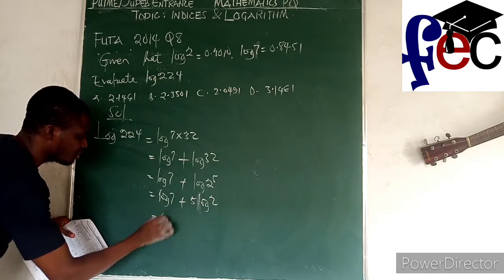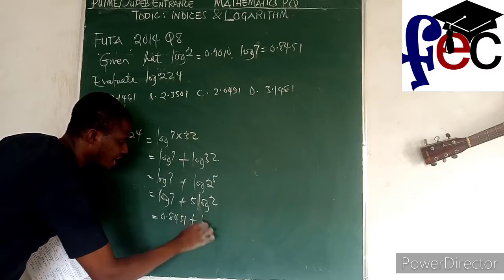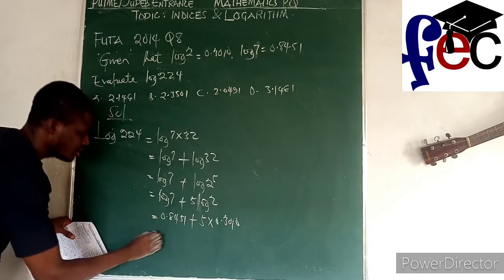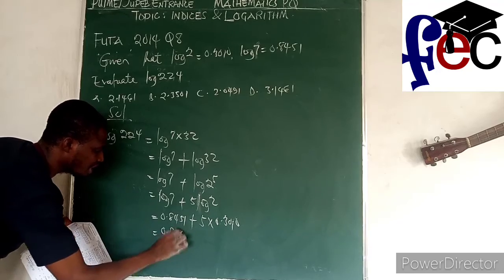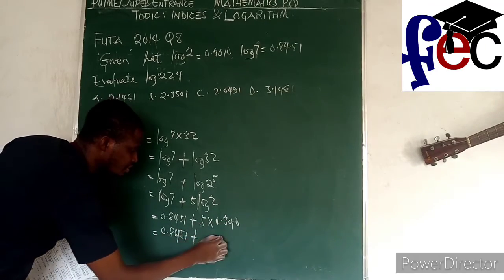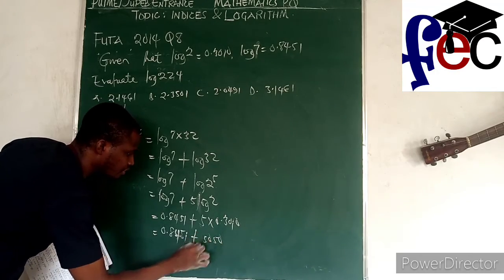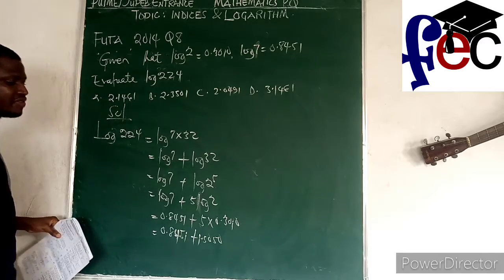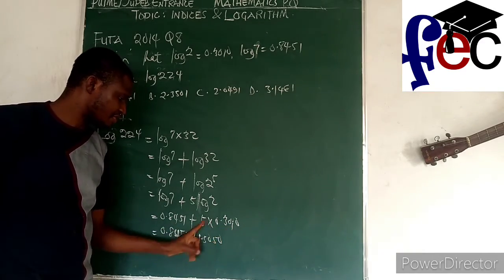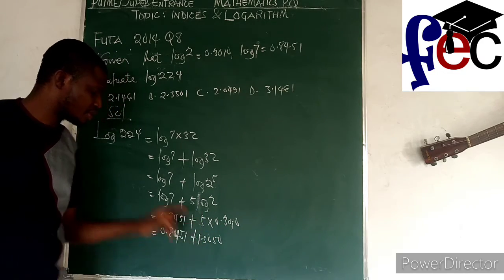Log 7 is 0.8451 plus 5 times 0.3010. So 0.8451 plus 5 times 0.3010, which is 1.5050. 5 times 0 is 0, 5 times 1 is 5, 5 times 0 is 0, 5 times 3 is 15, 5 carry 1, 5 times 0 is 0 plus 1.